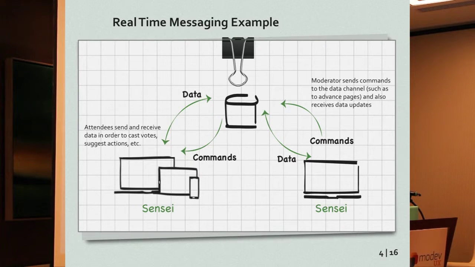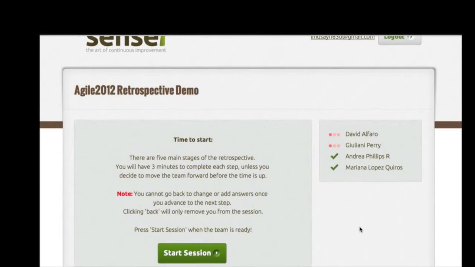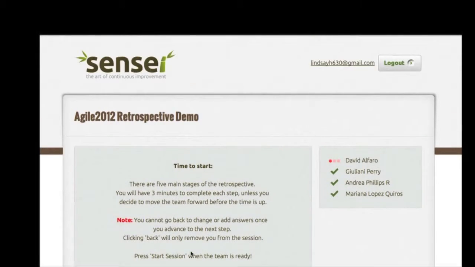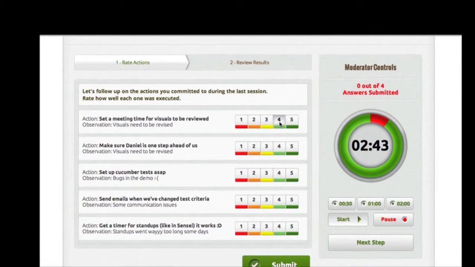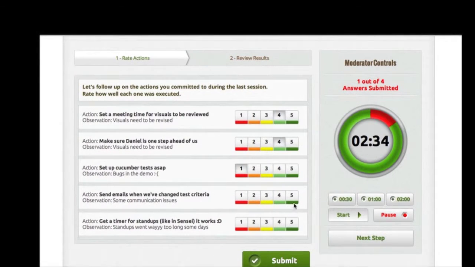Here in this example is an application that we built, which is called Sensei, where there was a moderator moderating a retrospective and attendees casting votes and suggesting actions about what has happened during the sprint work. The attendees and the moderator would establish a connection, and the moderator would slide users through the screen and would give commands, and the users would be able to interact with each of the screens, and all of these happened in real time.